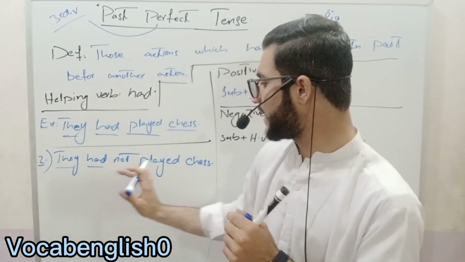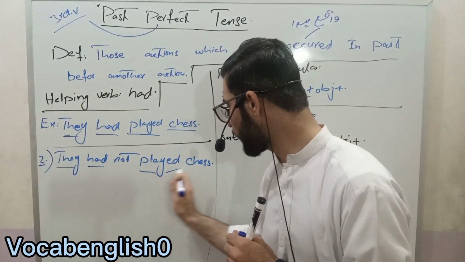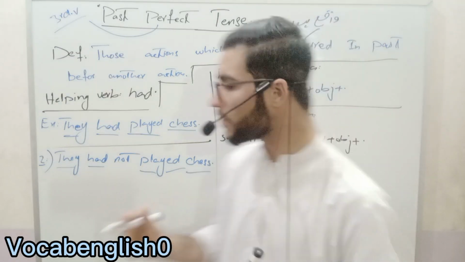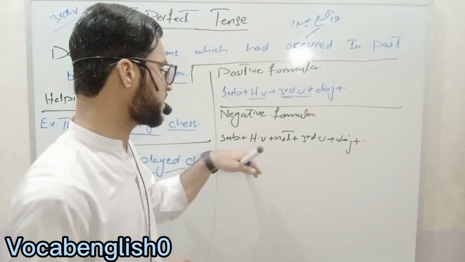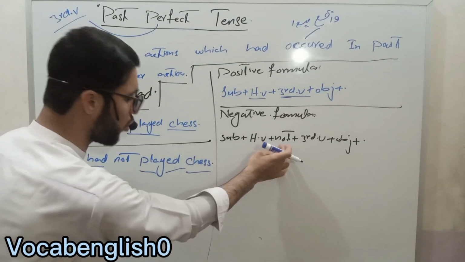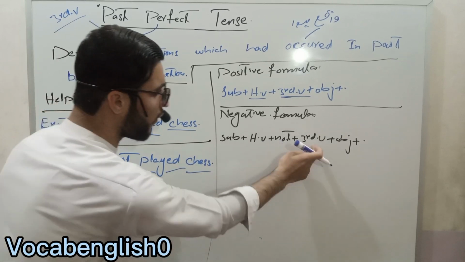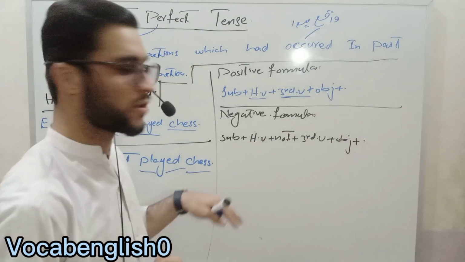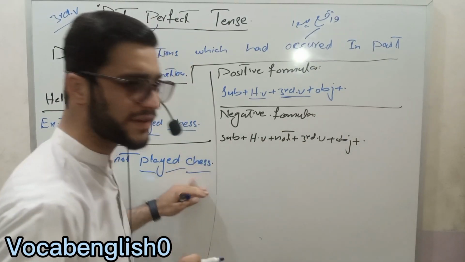After that, played is our third form verb. After that, object is there, then full stop is there. This is the negative example, this is the negative formula.